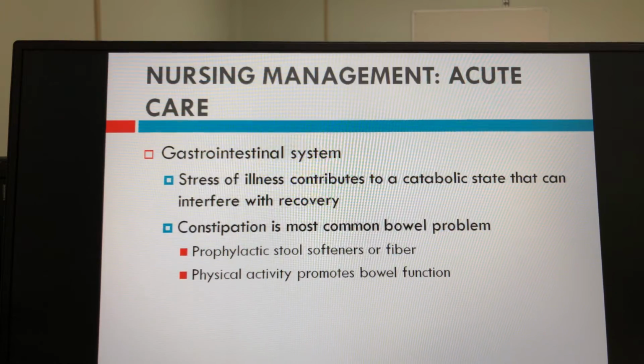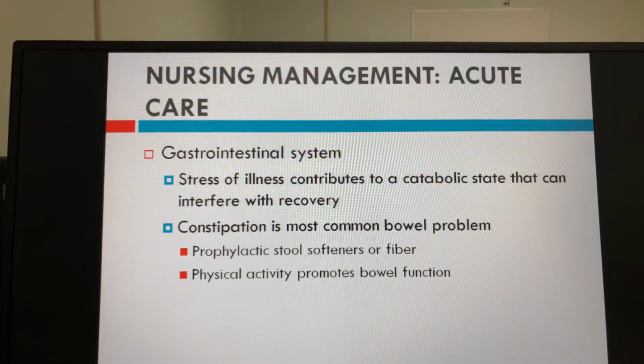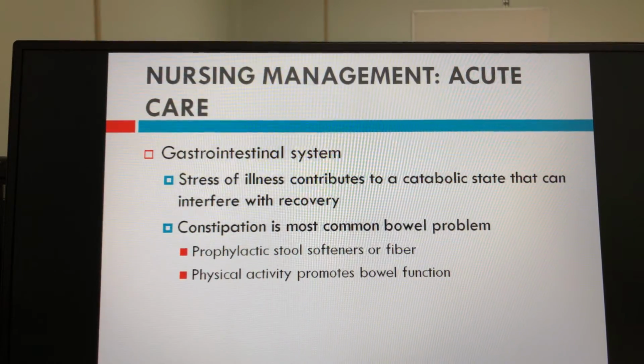Bowel retraining may need to occur, and this training will continue into the rehabilitation phase. A bowel management program consists of placing the patient on the bedpan or bedside commode, or taking the patient to the bathroom at a regular time every day, and you do that in order to establish bowel regularity.